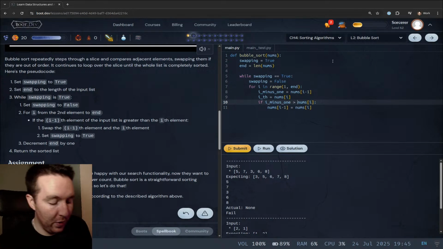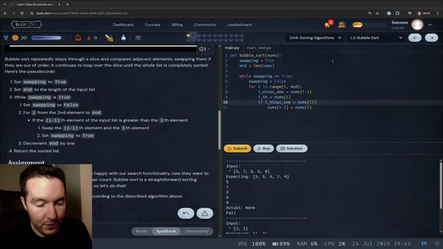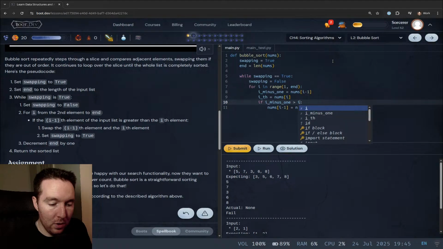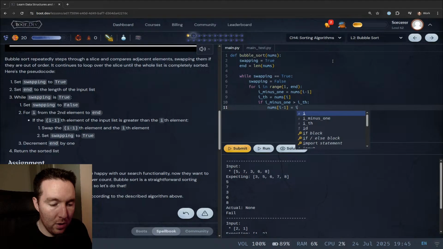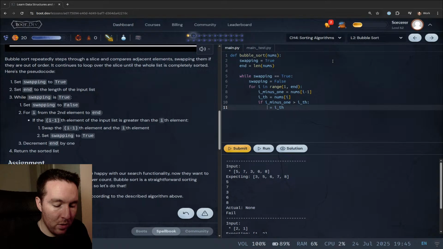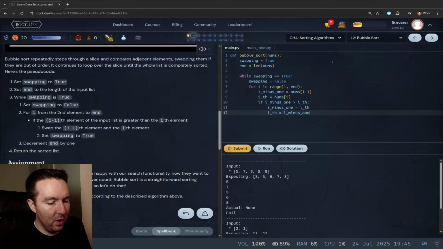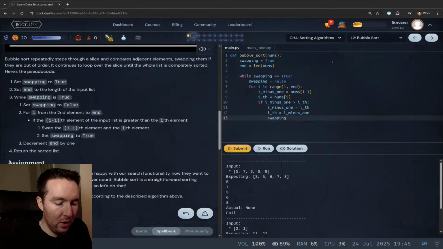Okay, just replacing these variables basically. So height, that's going to be... so we follow that logic, and then we set swapping to true.